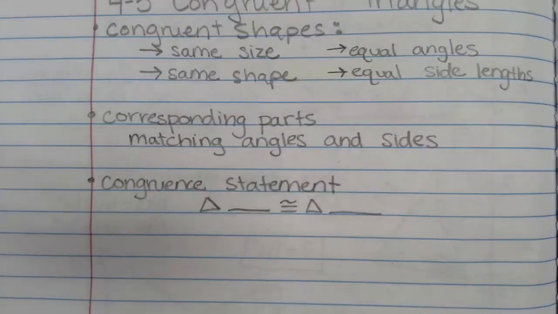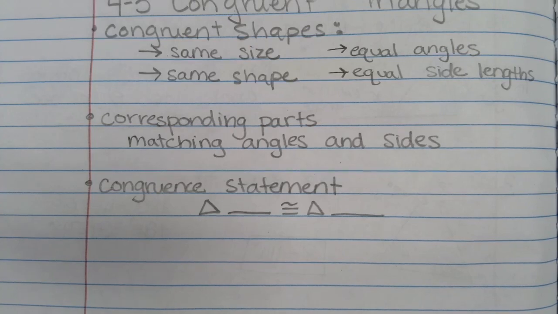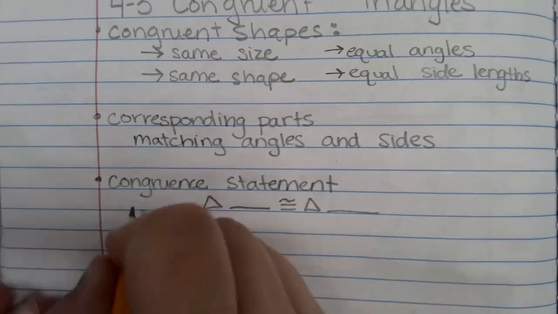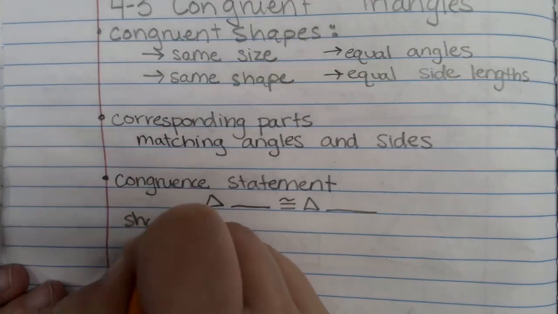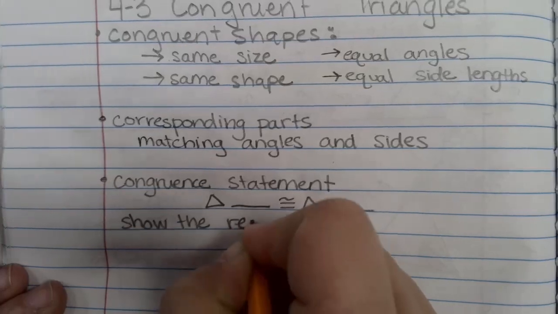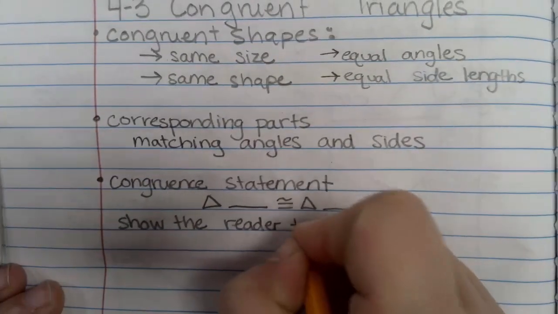But how we write those triangles is really important, and how we put the letters down. Because this congruent statement is going to show the reader, whoever's reading your statement, the corresponding parts.